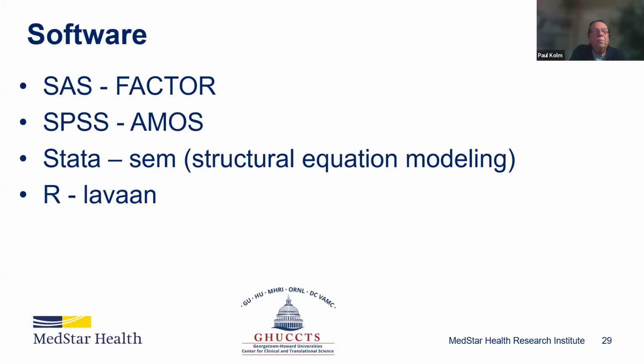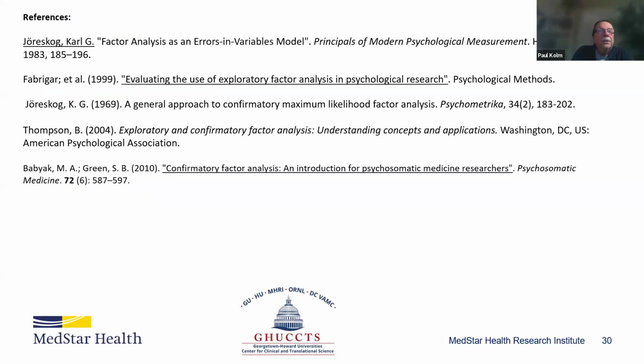Most statistical software will have routines to do at least exploratory factor analysis, and a lot of them will have confirmatory factor analysis. I've listed some references here. Some are really old, some are a little newer, on both exploratory and confirmatory factor analysis.